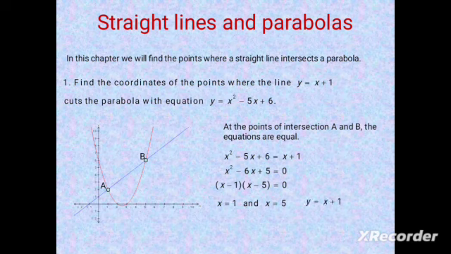And now you can substitute these two in one of the equations. So you get the coordinate at point A as 1, 2, and at point B as 5, 6. And that is the end of our lesson.